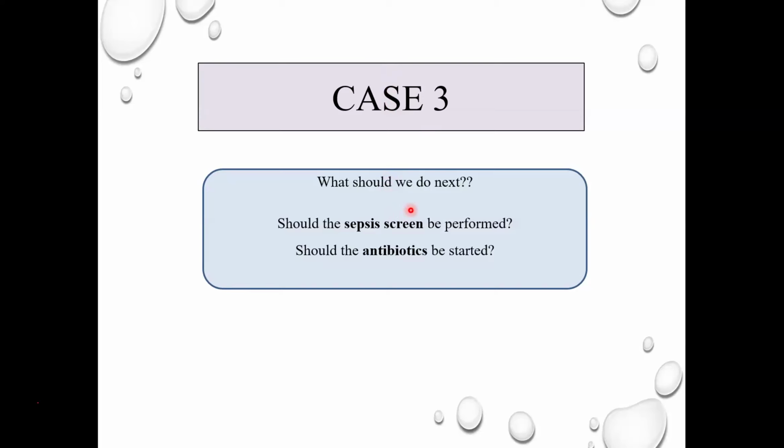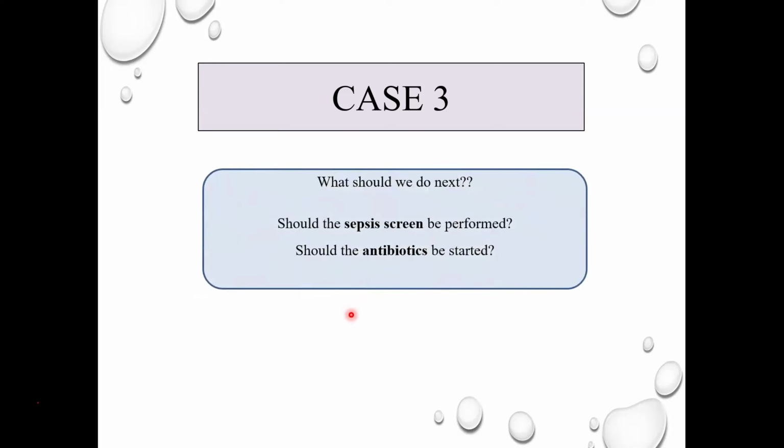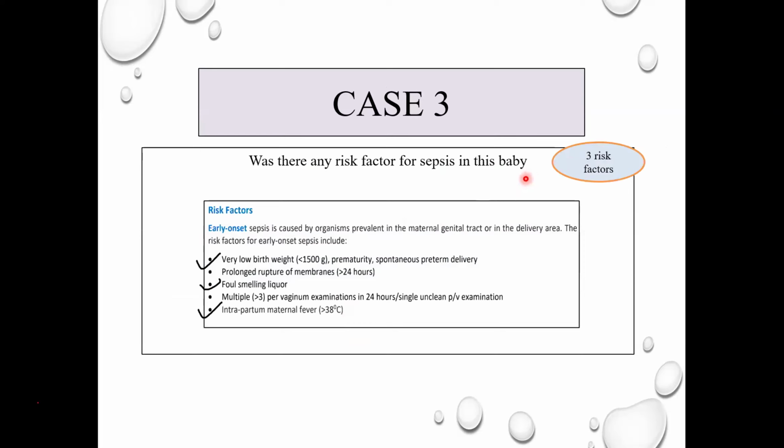antibiotics after taking culture. We can send a CBC, but this baby is already sick, right? The baby has tachycardia, poor CFT and poor pulses. So this baby is having shock already, right? So even though we send a sepsis screen, we are not waiting. And this baby has 3 risk factors.